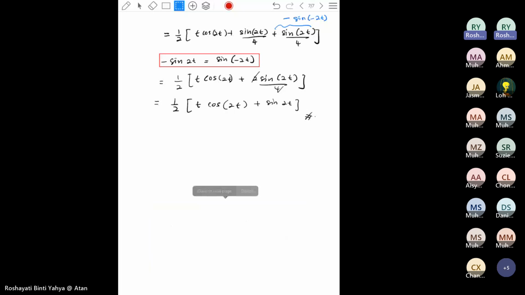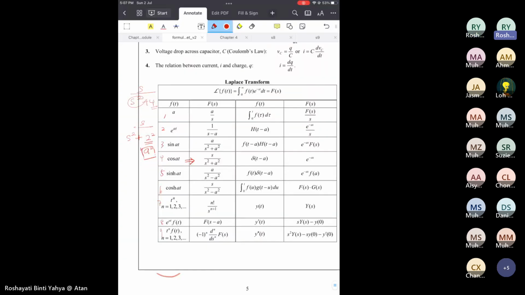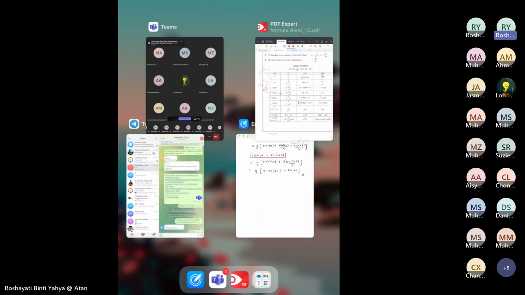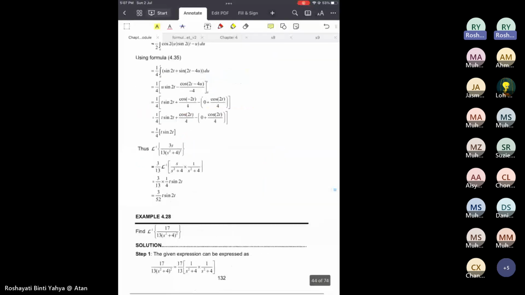I mean the last technique for finding inverse Laplace transform is by using transform of integral. Okay. Transform of integral.